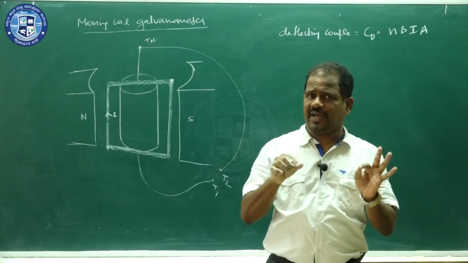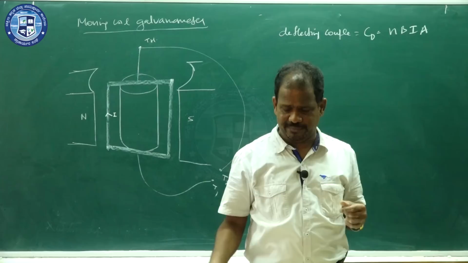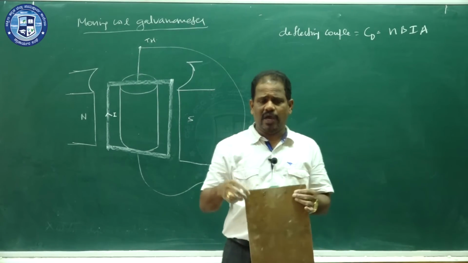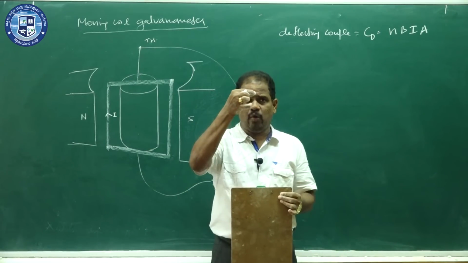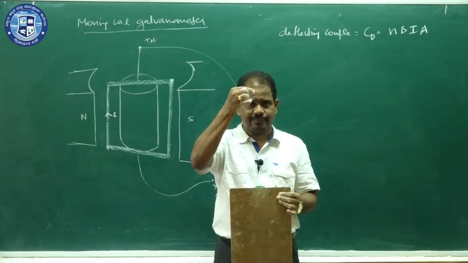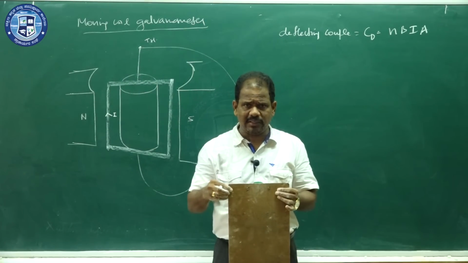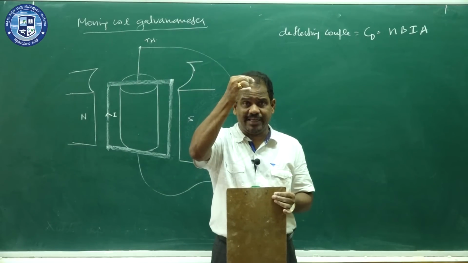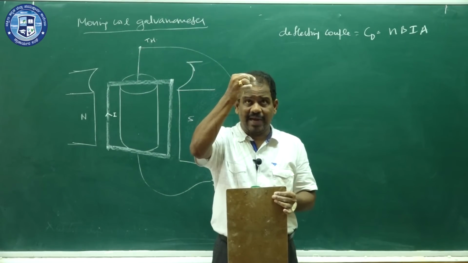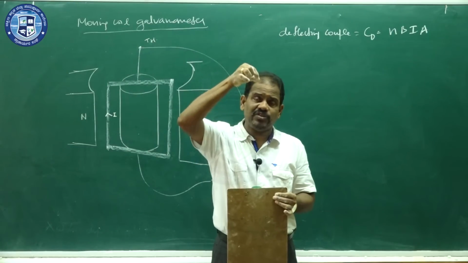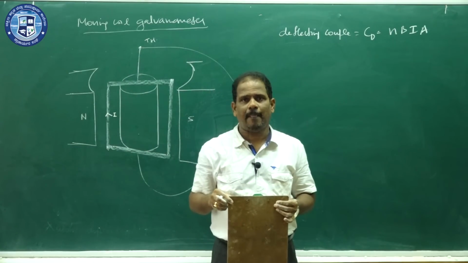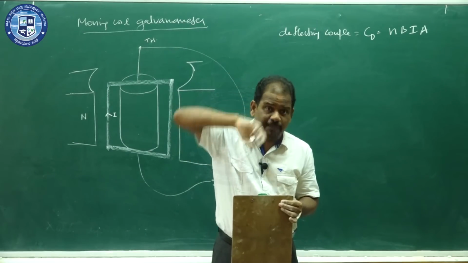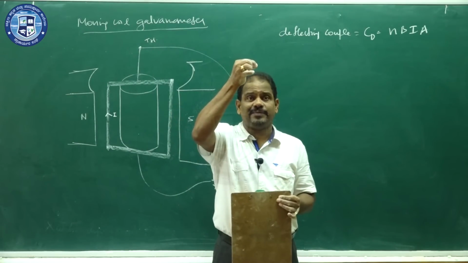So when you pass current, the coil turns. But see here, the coil is suspended and held by the torsion head. When the coil turns, because it is held tightly, a twist is produced at the tip of the torsion head.